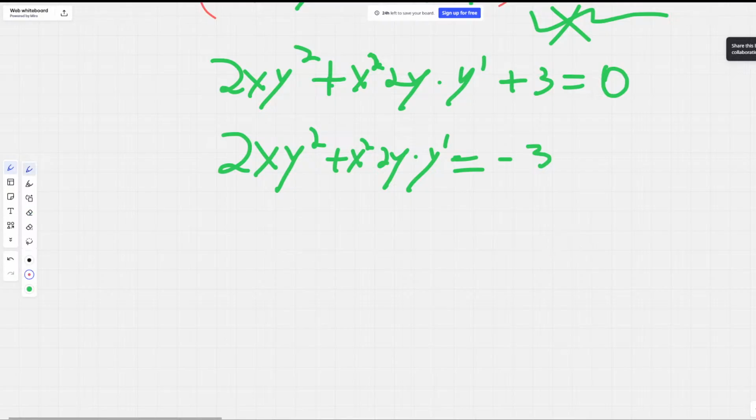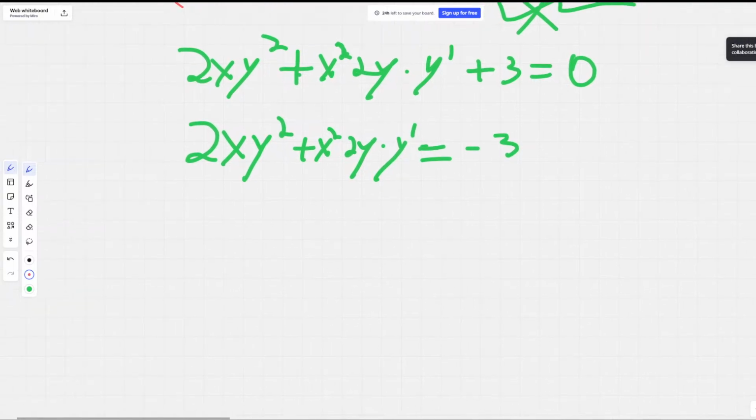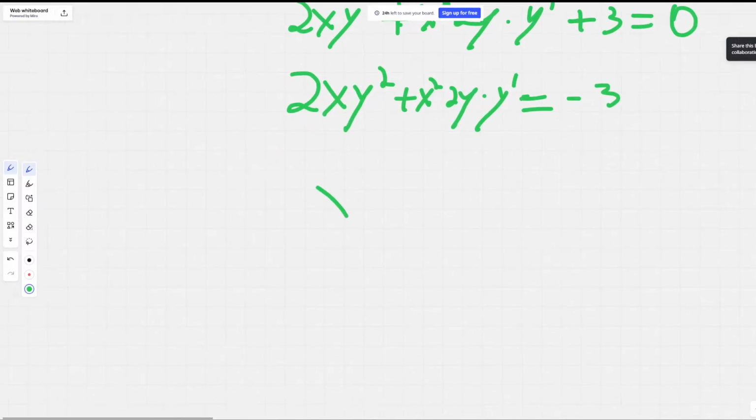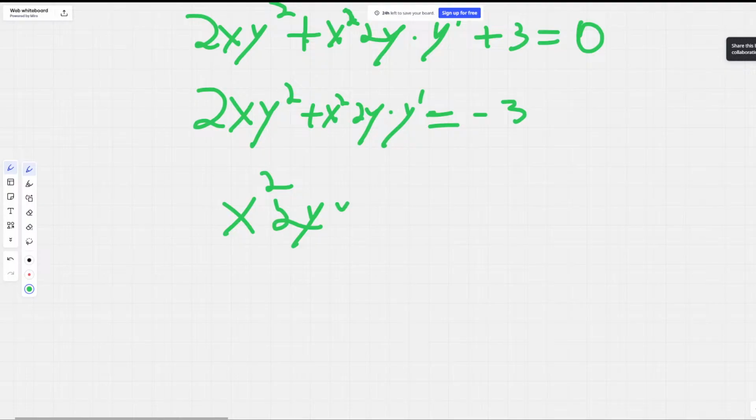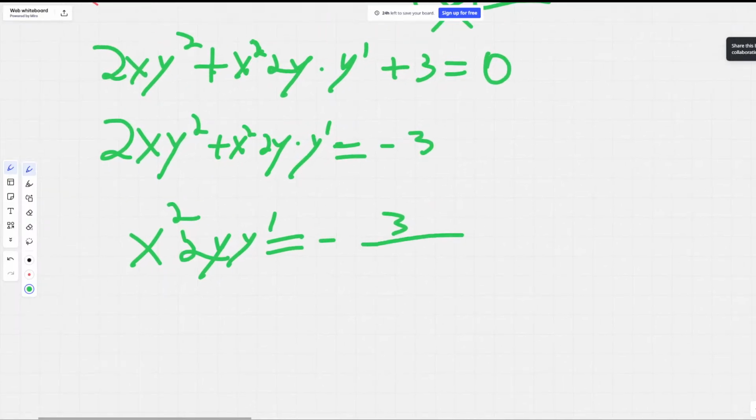Because from this point, this is this plus that. So x squared 2y y prime equals negative 3. Fine, negative 3, this is fine. Minus 2x y squared.